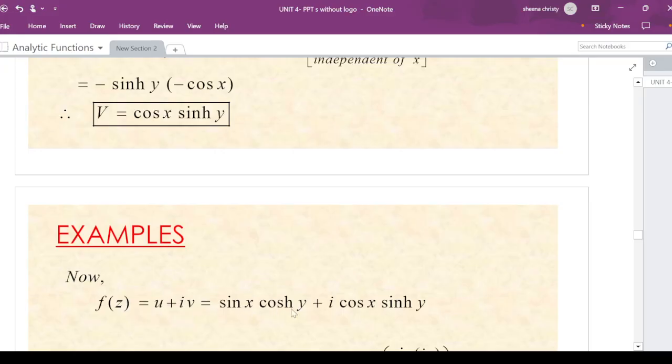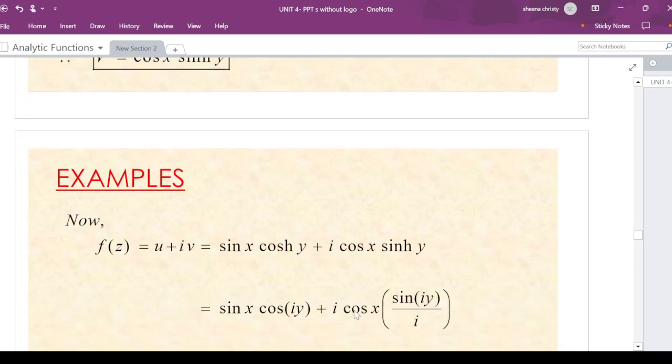Therefore, sin x cos hyperbolic y plus i cos x sin hyperbolic y. You want to express in terms of z. So we are writing this cos hyperbolic y is same as cos iy. Likewise, sin hyperbolic y is same as sin iy by i. These are all formulas.